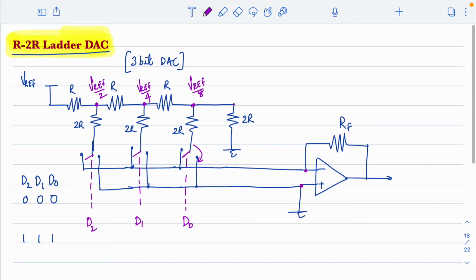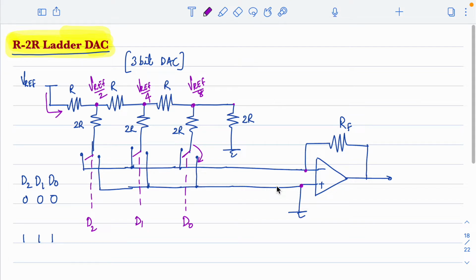Now as I mentioned before, the total current which is flowing here, when I consider the current which flows from this Vref resistance, whether the switch is connected to the left side or right side, the current remains constant, because on both sides it is connected to the ground or virtual ground. In one case you are getting that current through the resistance RF, in the other case the current will be flowing to the ground.